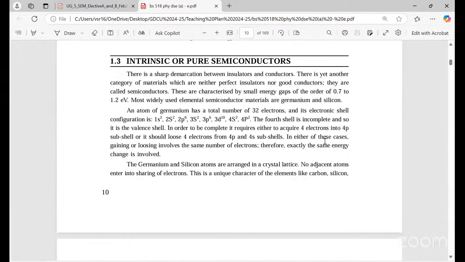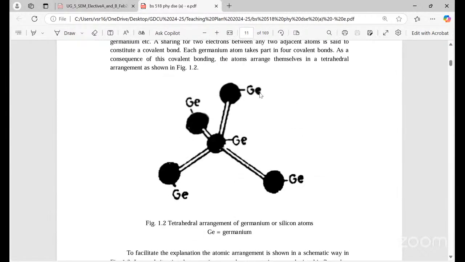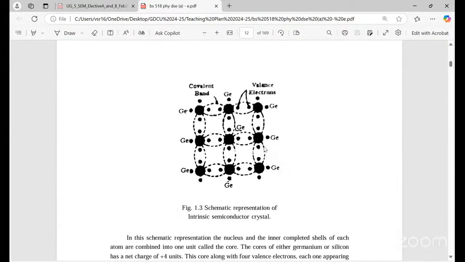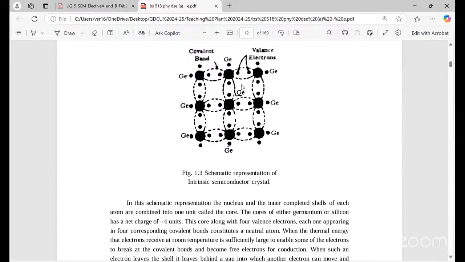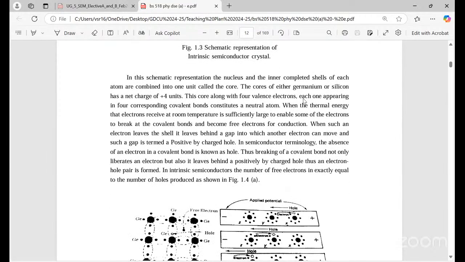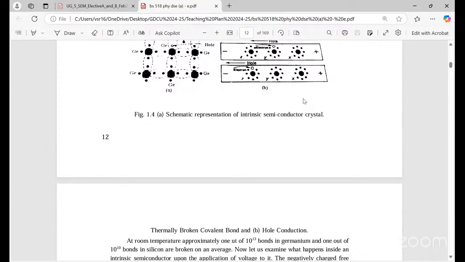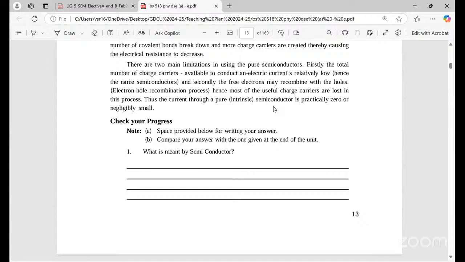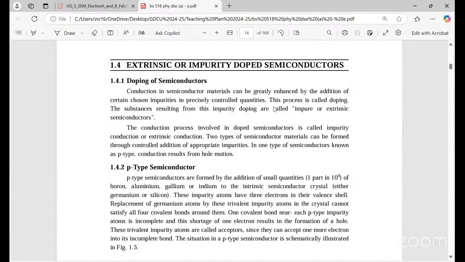We also discussed what a pure semiconducting material is and how it forms, with silicon and germanium considered. Here is the schematic representation of an intrinsic, pure semiconducting material, showing the covalent bonds and the valence band. Next, intrinsic and extrinsic, based on doping. There are two types.